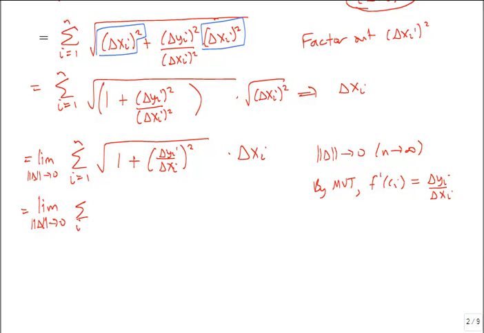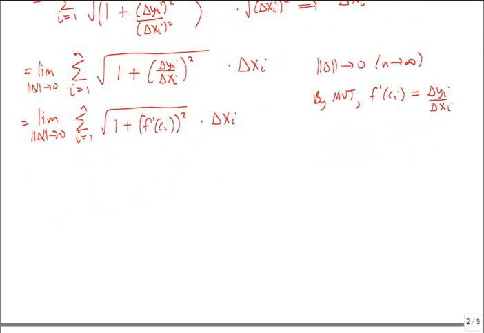So this becomes the square root of 1 plus f prime of c sub I quantity squared times that delta x sub I, and as we take that limit, this turns into our integral.